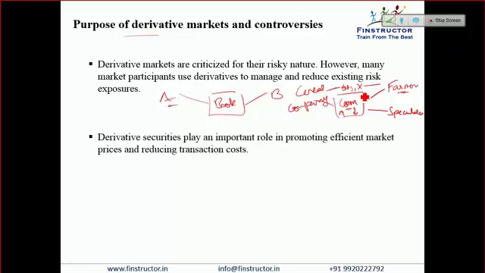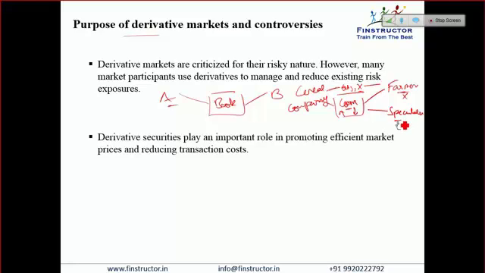So he will sell at a high price X, and when the time of delivery comes, the price of corn will be lower so that he'll be able to buy at a lower price and sell at a higher price. He's not really producing corn, but he just hopes the price of corn will go down, and that is why he's entering the contract.